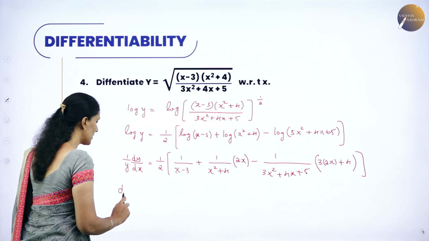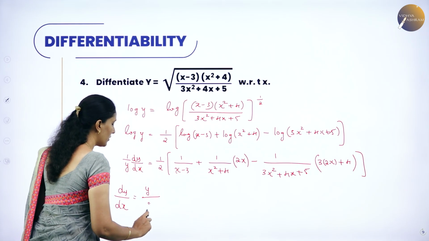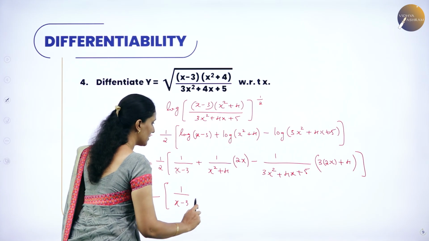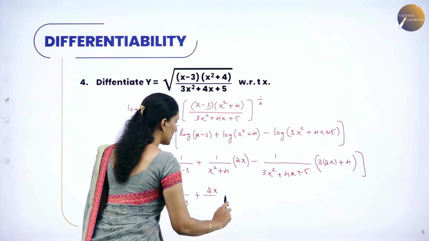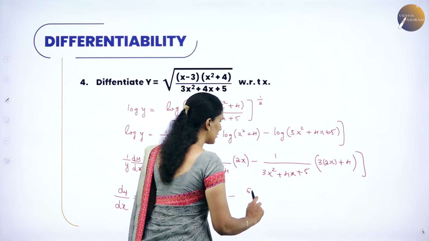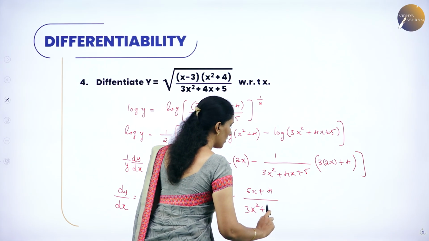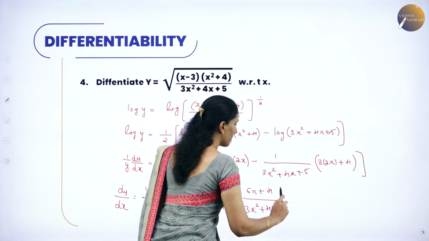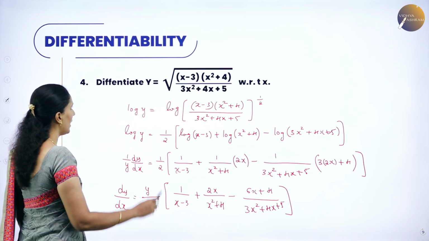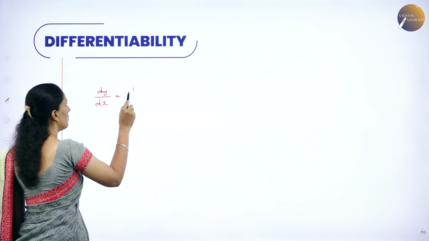So here I can write dy by dx is equal to y by 2 into [1 divided by (x minus 3) plus 2x divided by (x square plus 4) minus (6x plus 4) divided by (3x square plus 4x plus 5)]. If you replace y in this form, then dy by dx is equal to 1 by 2.